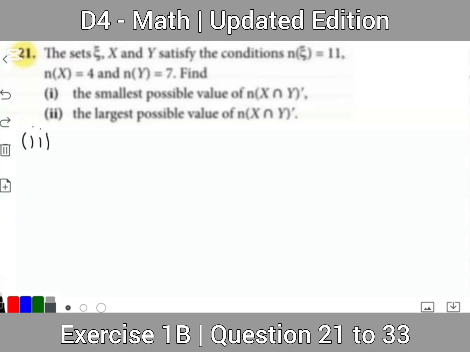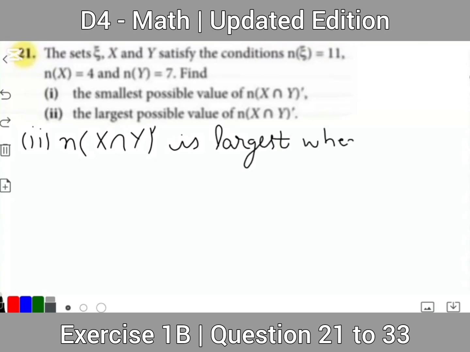Now in part 2, n of (X intersection Y) whole complement is largest when n of X intersection Y is the smallest.